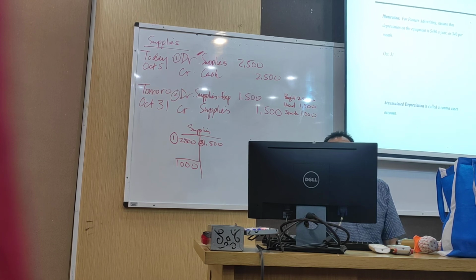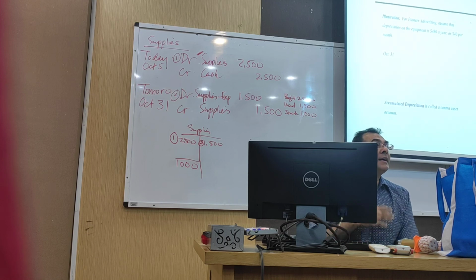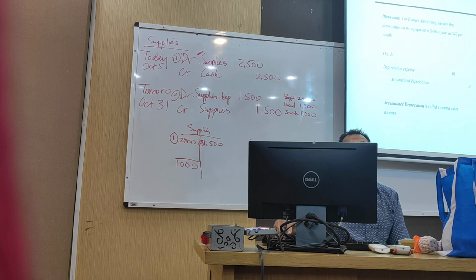In this case, let's assume the equipment I bought was 4,800, and I decided I'll be able to use that equipment for 10 years, which means my depreciation every year is $480. Another way to say it is every month my depreciation is $40.